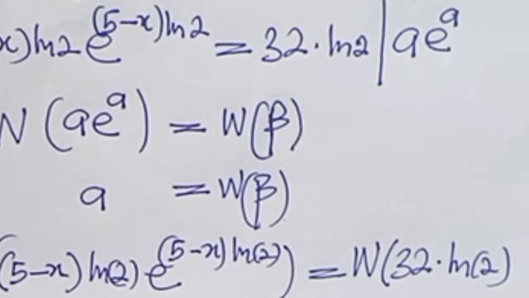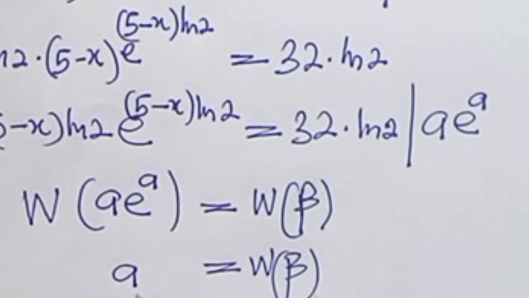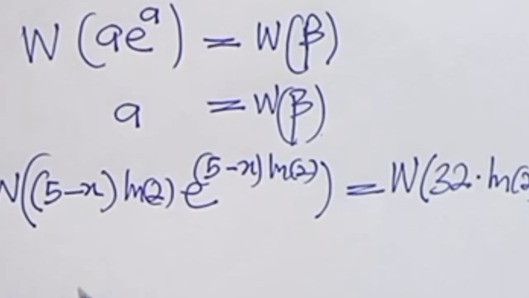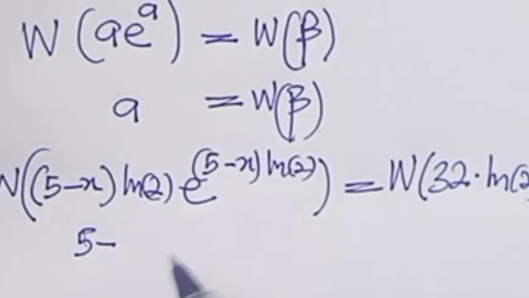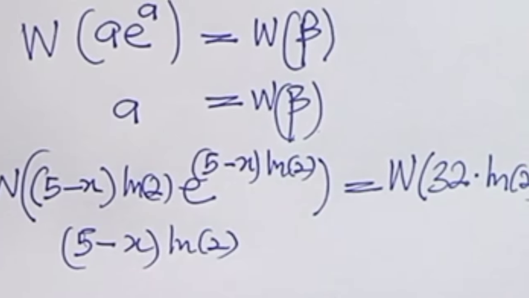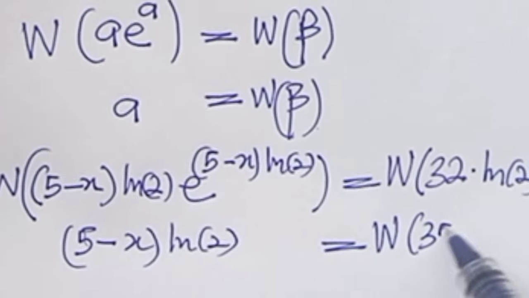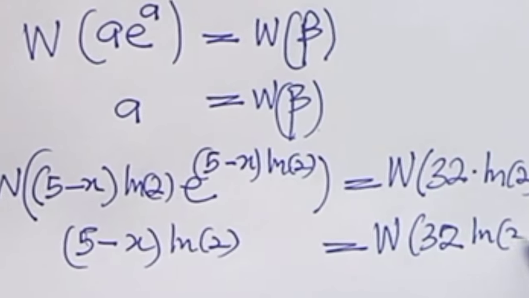So we have successfully applied the Lambert function. And like the outcome here, the outcome from here also will be this, which is equivalent to this. That is 5 minus x ln 2 is equals to W of 32 ln 2.